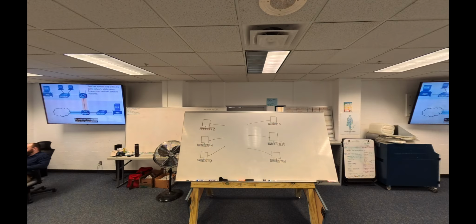So switches forward data within the same network, while routers forward data between different networks. In this example, PC A is sending a message to server B, which is on a different network. This message, known as an IP packet, is sent to the local router, PC A's default gateway.